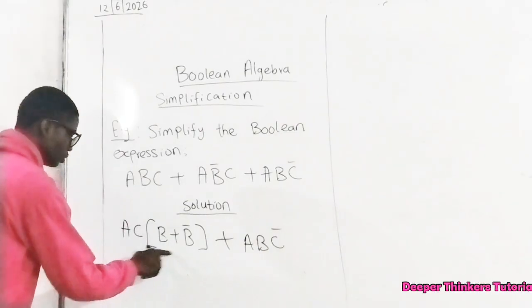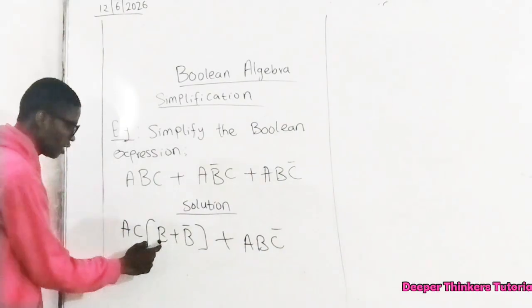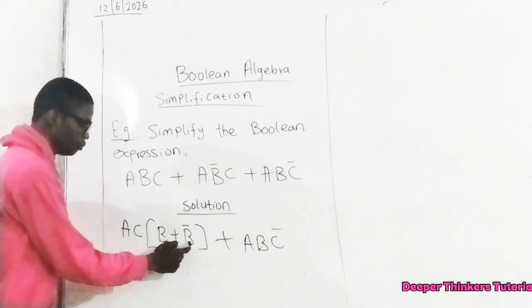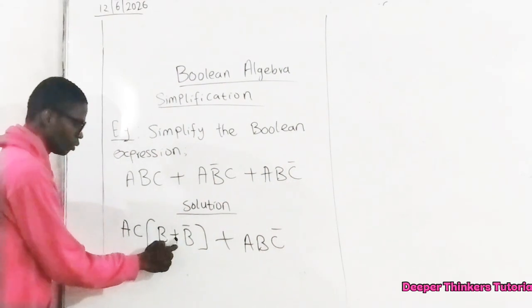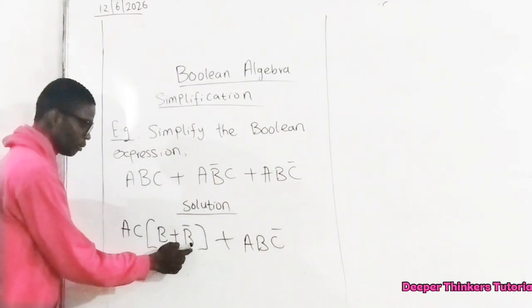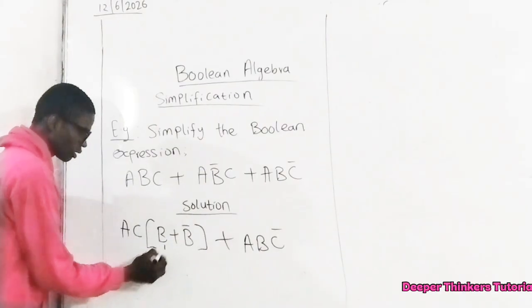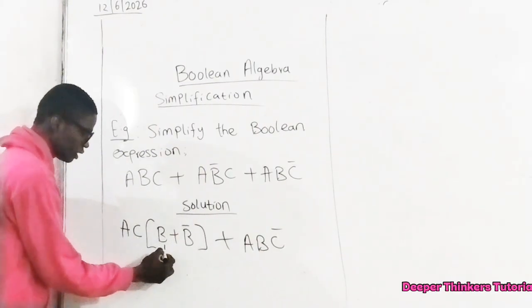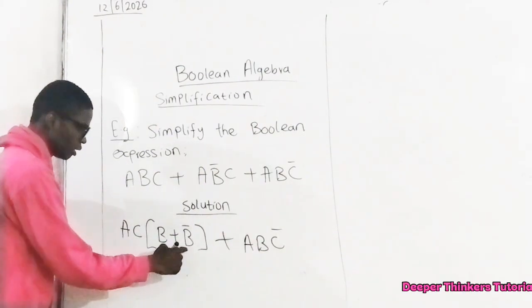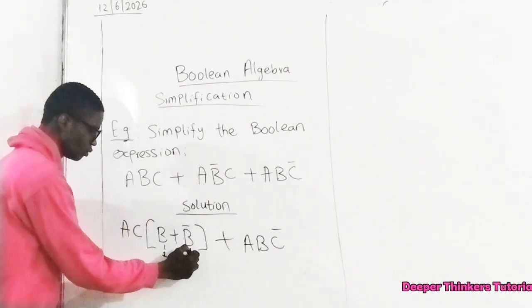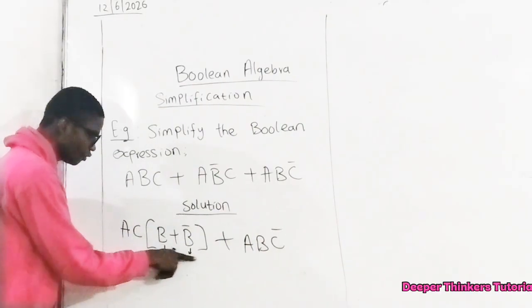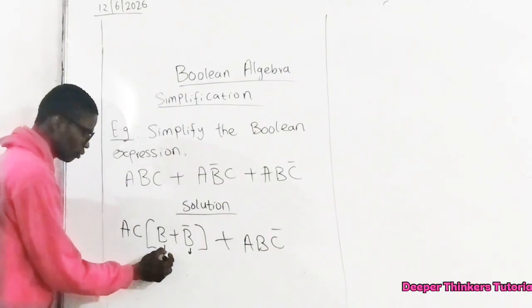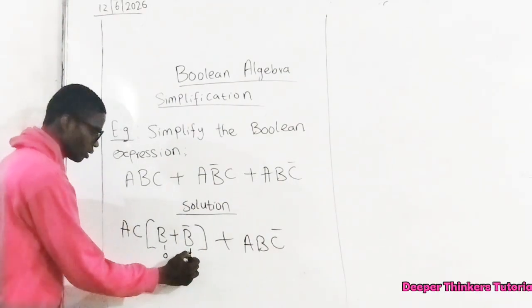So from here now, there's a law that says whenever you have B plus B prime, or any letter at all, whether A plus A prime or C plus C prime, because A can either be 1 or 0. So let's assume it's 1. The prime of it will be 0. So if you add 1 to 0, you will get 1. If you assume also that it is 0, the prime of 0 will be 1.